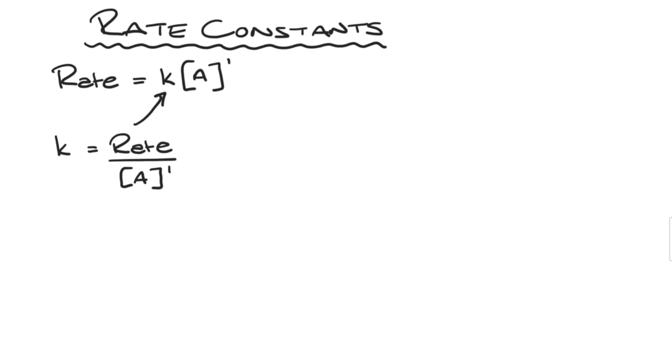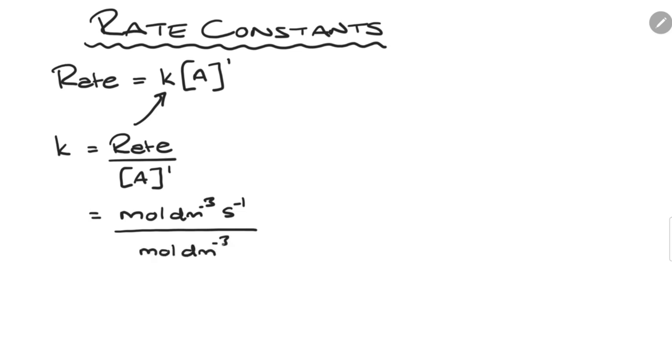So if we look at this example being a first order reaction, we know that the rate is going to be fairly standard and is going to be in moles per litre per second. And on the bottom we're going to have a concentration term, which in this situation is going to be first order and will have a singular unit of concentration.